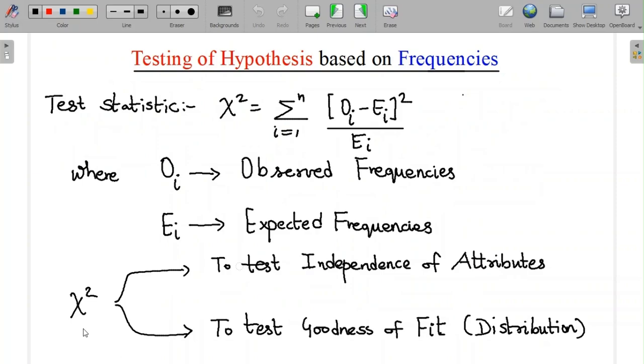This is calculated using the simple formula (Oi minus Ei) whole squared by Ei, and we add this ratio across the total number of observations, where Oi represents the set of observed frequencies and Ei represents the set of expected frequencies. This chi-square test is also used for a different purpose: it is used to test the goodness of fit as well as to test if two attributes are independent. We look at both of them in subsequent videos.